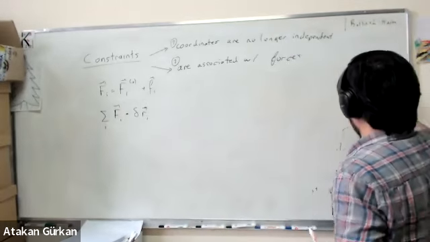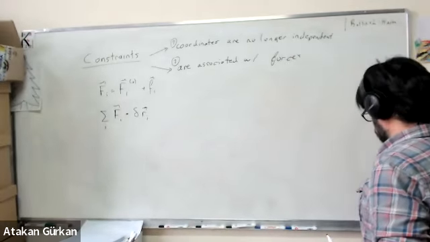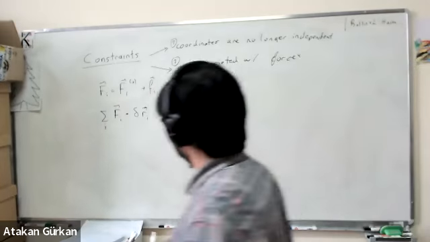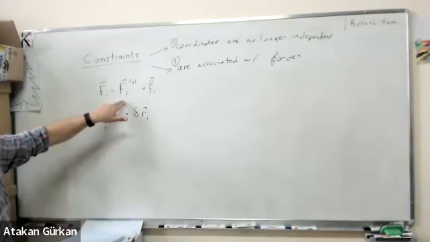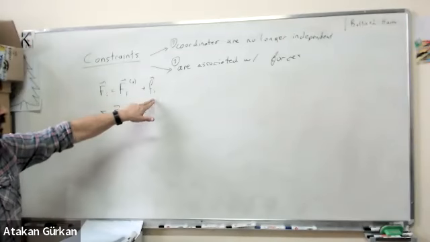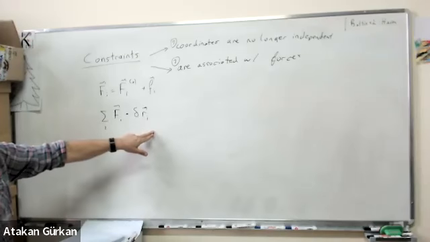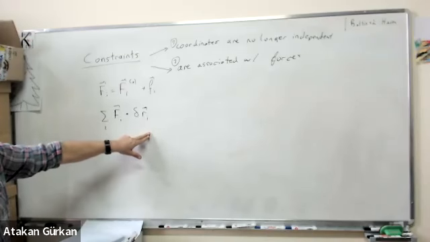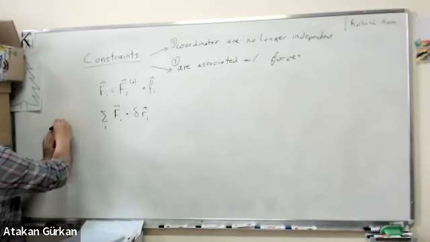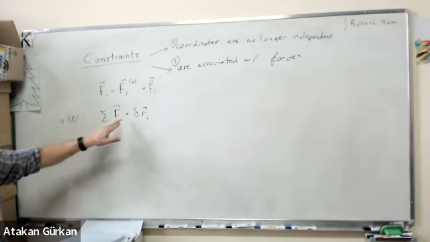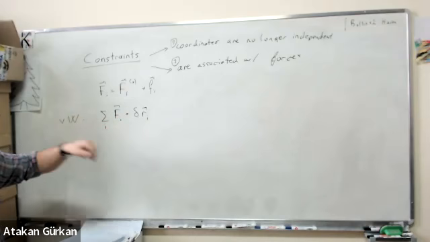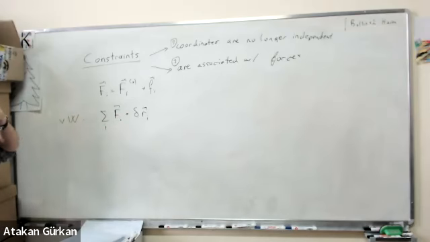Can you actually read what I'm writing? Is it legible? So this is just what I've written before. My force has two parts, the applied force and the constraint force. And this is the total work done, the virtual work. It's just a dot product of this total force times the virtual displacement.